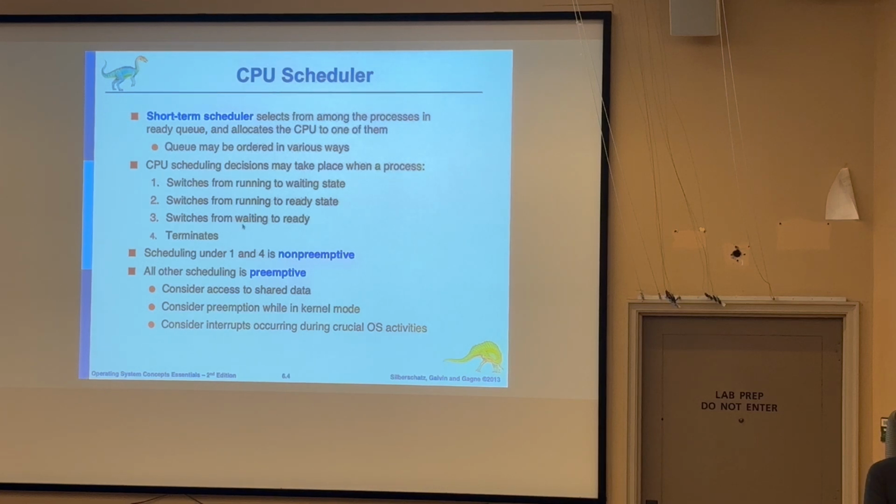When you switch a process from waiting to ready, you need to check whether this process, which just finished its I/O operation, has a higher priority than the current running process. And if so, you need to switch it in to replace the running process. Terminates: when you kill a process, you also need to check whether you need to reschedule the running process. So these are the locations where you need to make a scheduling decision.